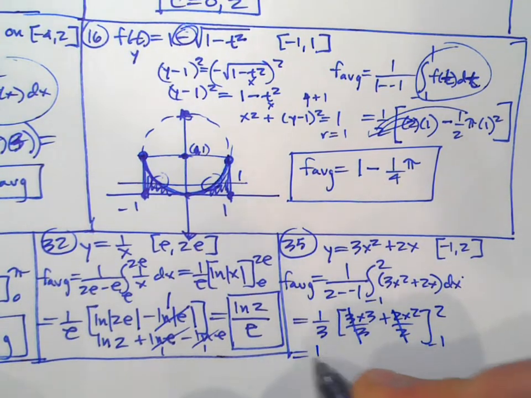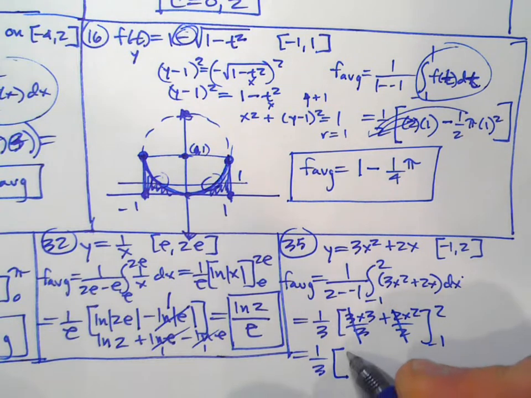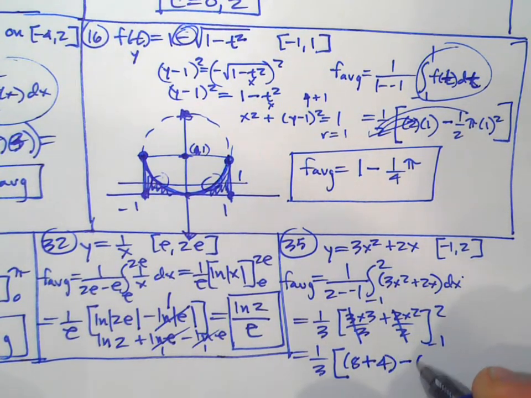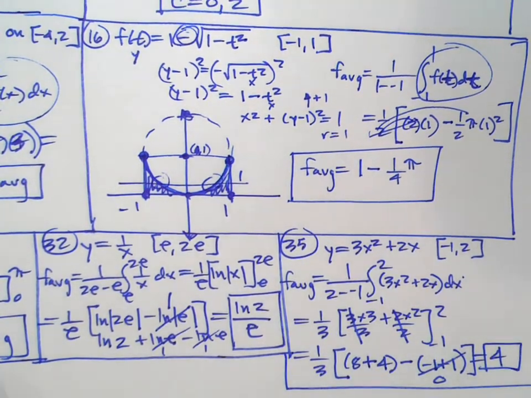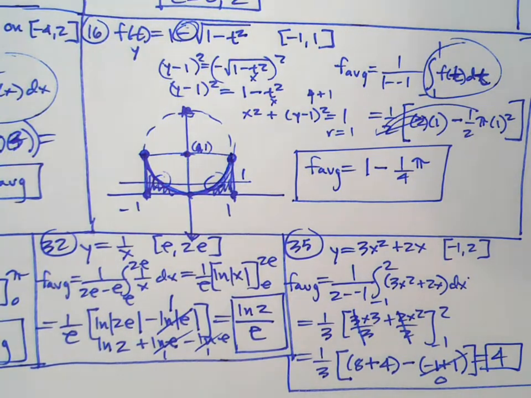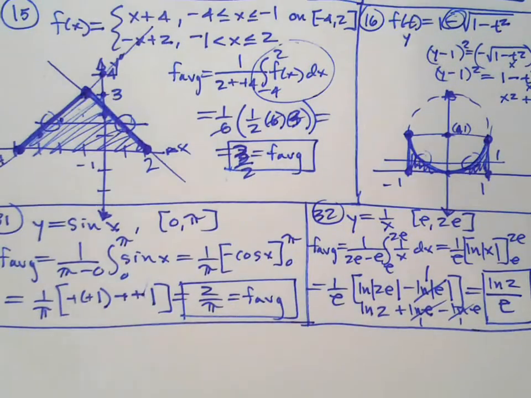So that's going to be 1/3. We plug in 2 and it's going to be 8 plus 4, minus -1 plus 1. That's going to be 0. So it's going to be 12 over 3, which is 4. There you go. Okay. On to the next page.